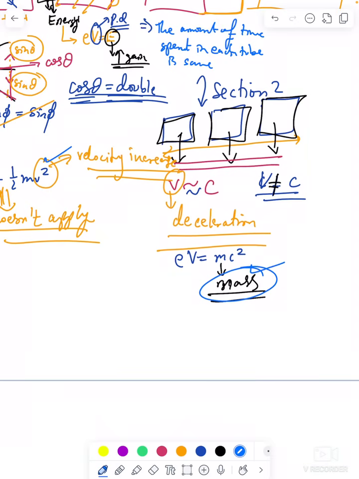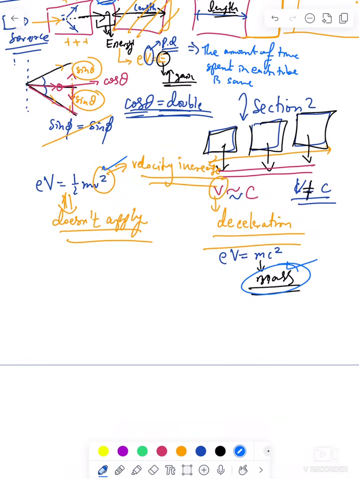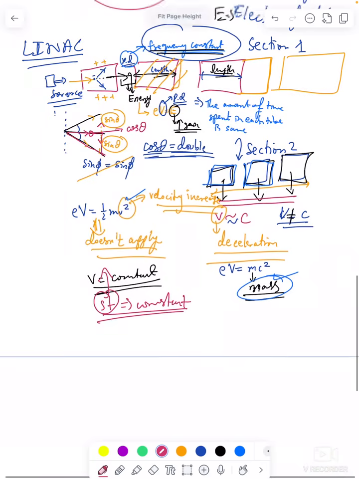So it's useless. That's why at the end section it becomes the same. So we say that as v is constant, that means the time should also be constant, because it's v.